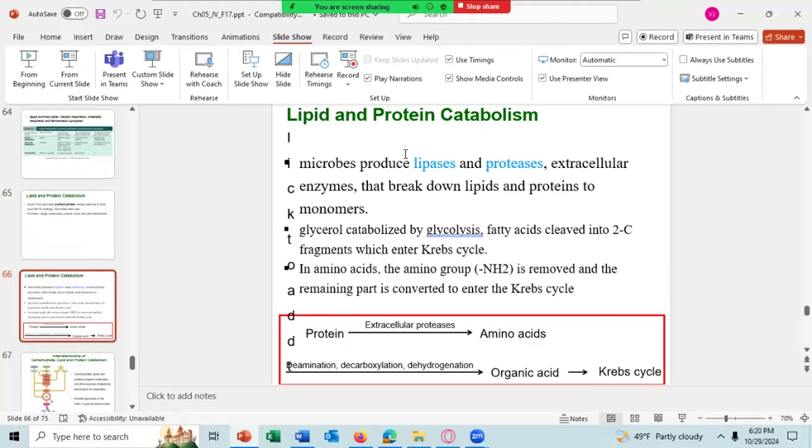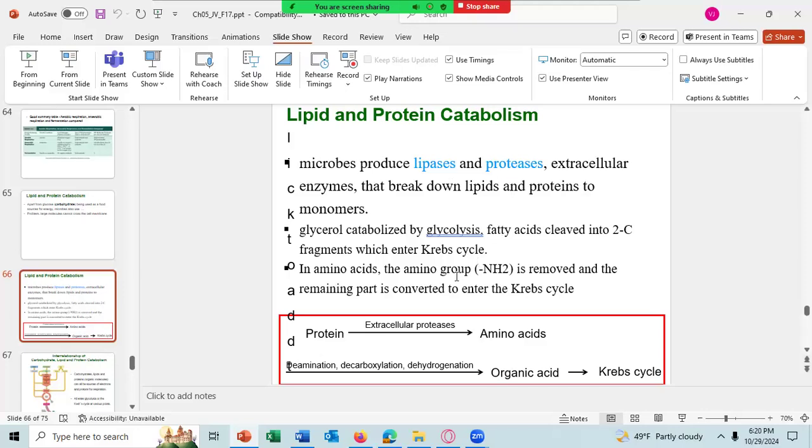With proteins, you make amino acids. With lipids, you make fatty acids or glycerol, is that it? And then you bring these smaller molecules into the cell. And that's the same way our cells digest lipids and proteins. We digest them outside the cell by secreting lipases and proteases.